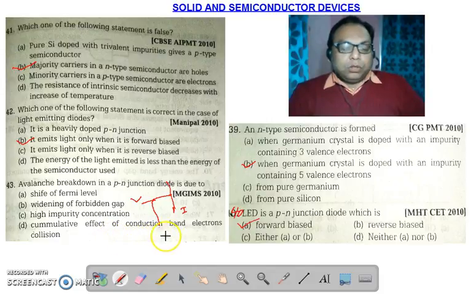So the cumulative effect of conduction band electrons' collision.